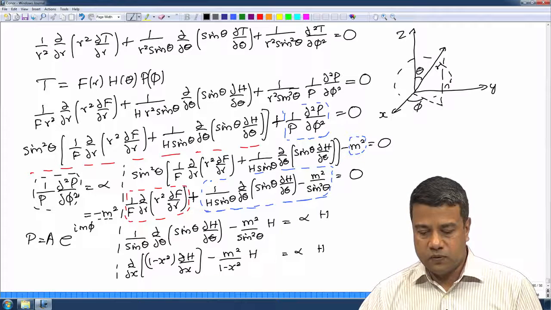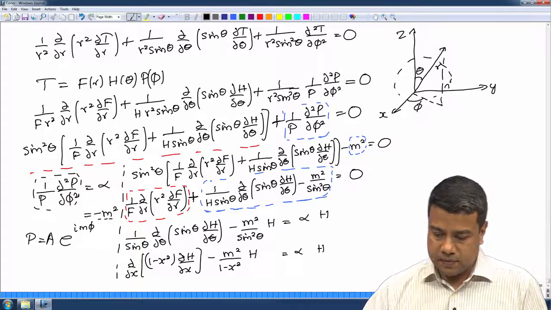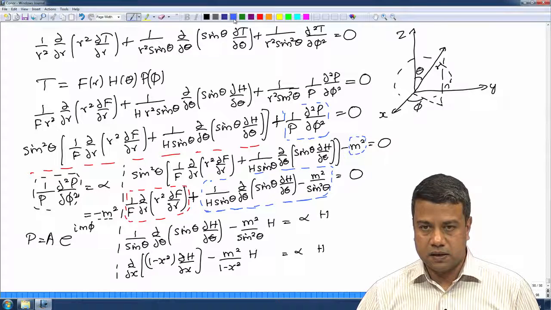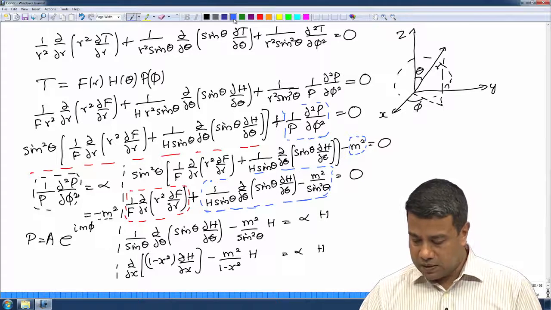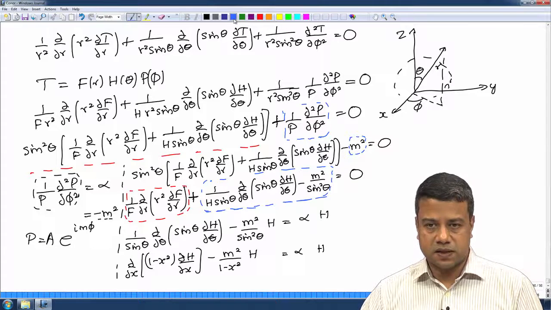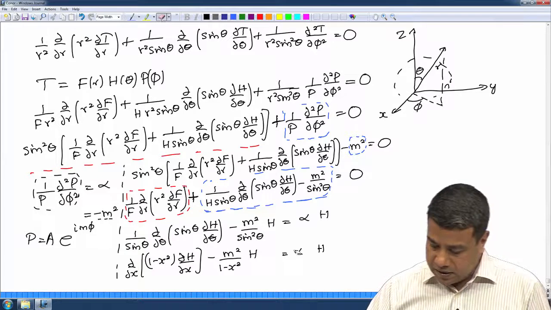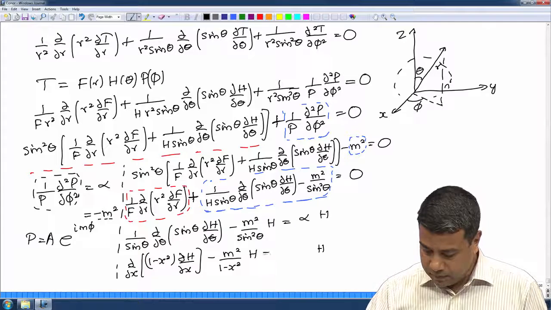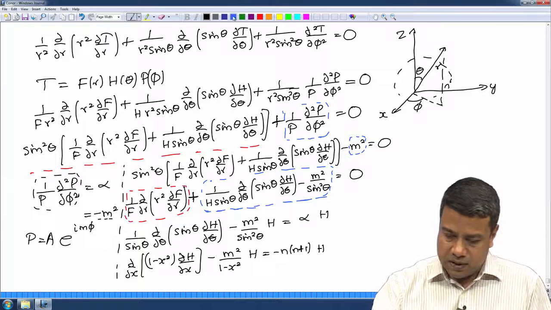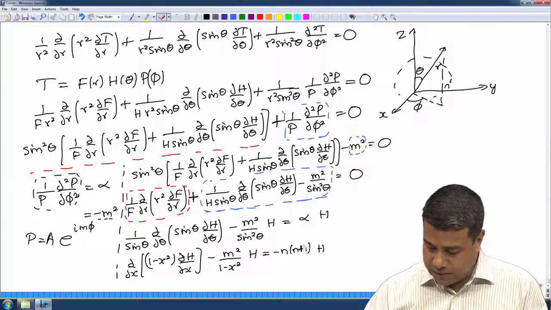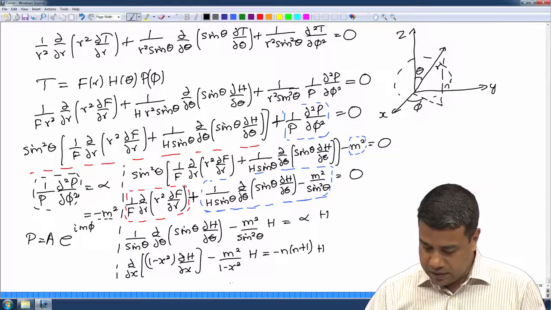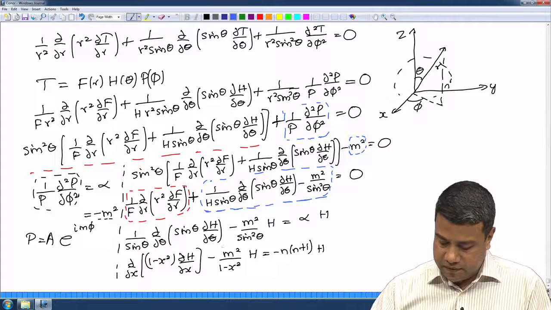When m was equal to 0, when it was an axisymmetric problem, I told you that the solution is finite at theta is equal to 0 and theta is equal to pi only if this constant has the form minus n into n plus 1. That applies in this case as well, with one modification. I told you that when m was equal to 0, this was valid only when n was an integer, when this term was not present previously for the axisymmetric case.